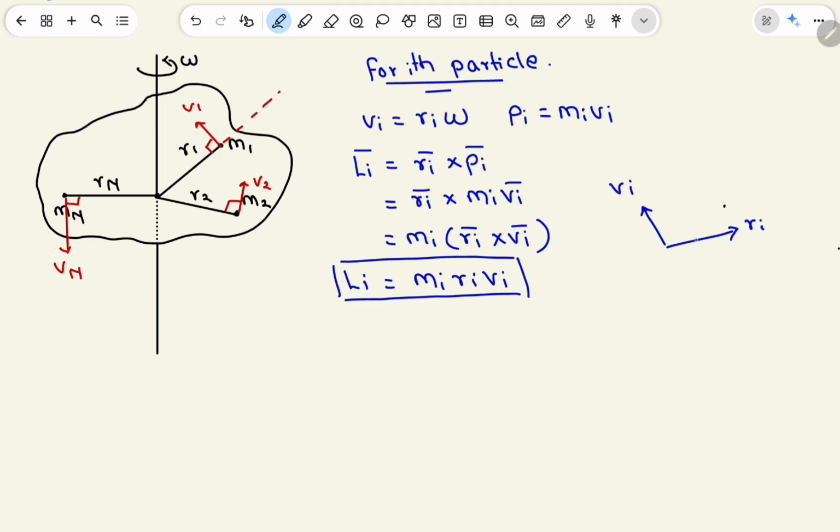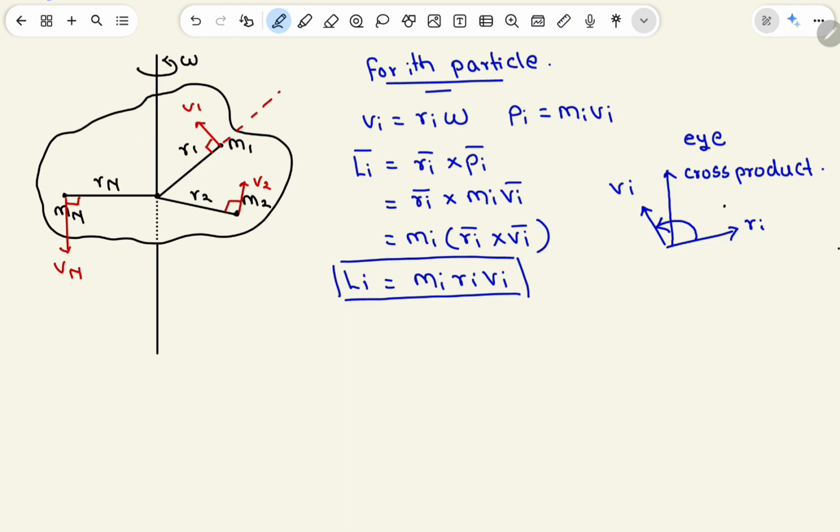If we observe from the top, the direction can be found out by rotating r_i bar towards v_i bar. When we rotate r_i bar towards v_i bar and we place our eye over here, we can see that the rotation from r_i to v_i is an anti-clockwise rotation. And whenever the rotation from the first vector to the second vector is anti-clockwise, the cross product is always towards us.